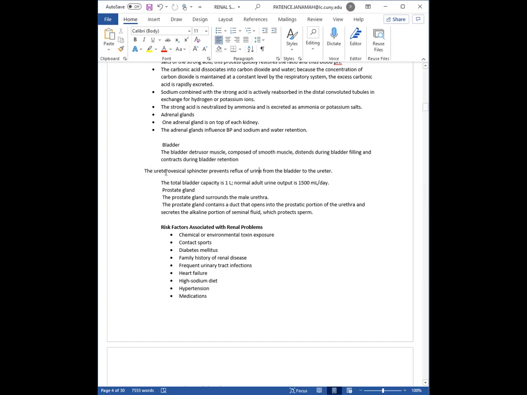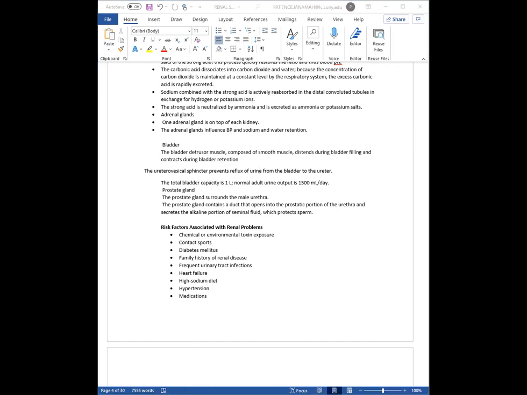The urethrovesicular sphincter prevents reflux of urine from the bladder to the ureters. That's the one that closes. So the moment urine comes from the ureters into the bladder and the bladder is full, it doesn't go back. It doesn't backflow into the tubules.